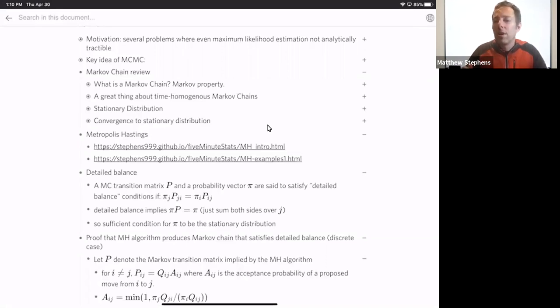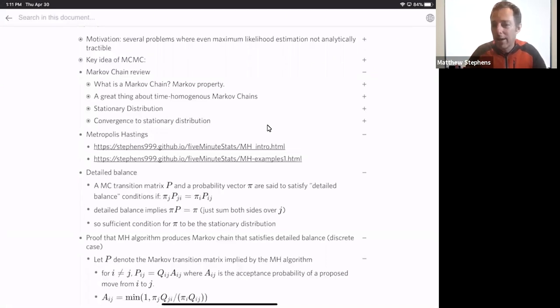If you've done a course that involved Markov chains before, you may have had a different kind of exercise where you were given a transition matrix P. You were given the Markov chain's transition matrix P, and you were asked to find its stationary distribution. Find pi, so it's pi P equals pi. And here you've got the opposite problem.